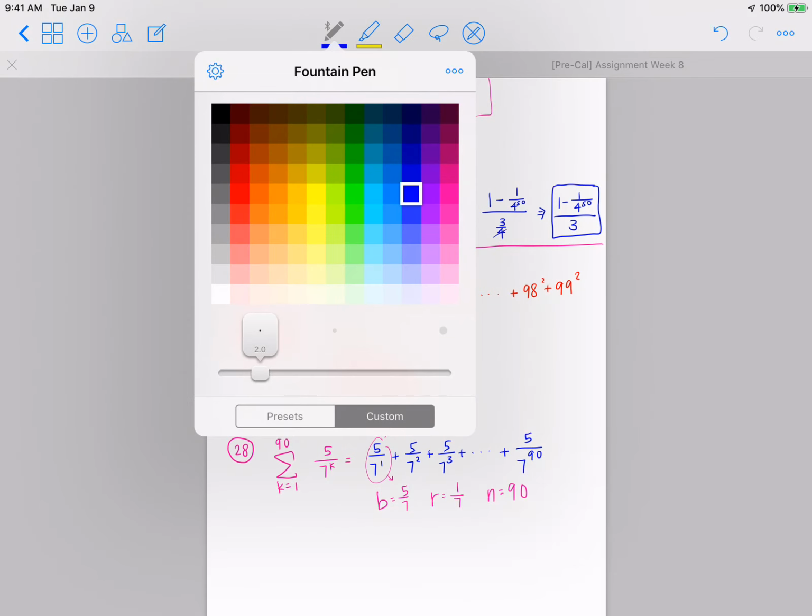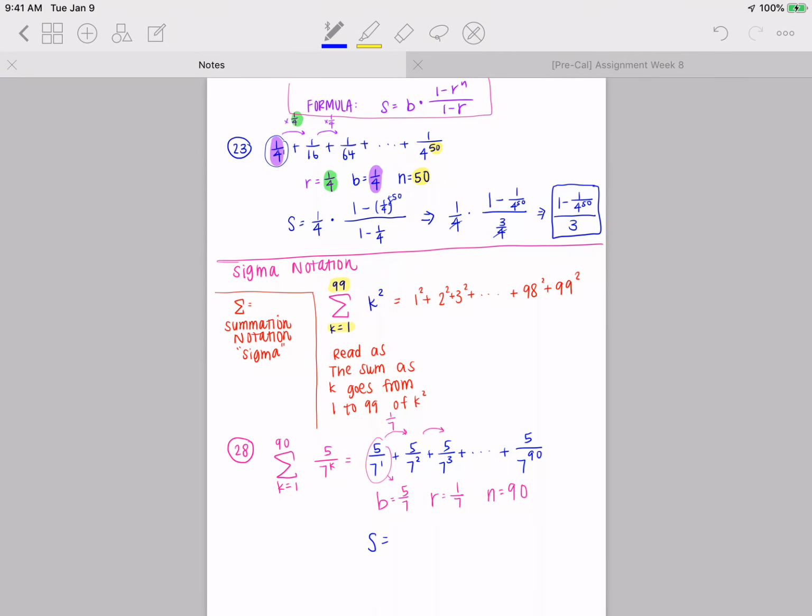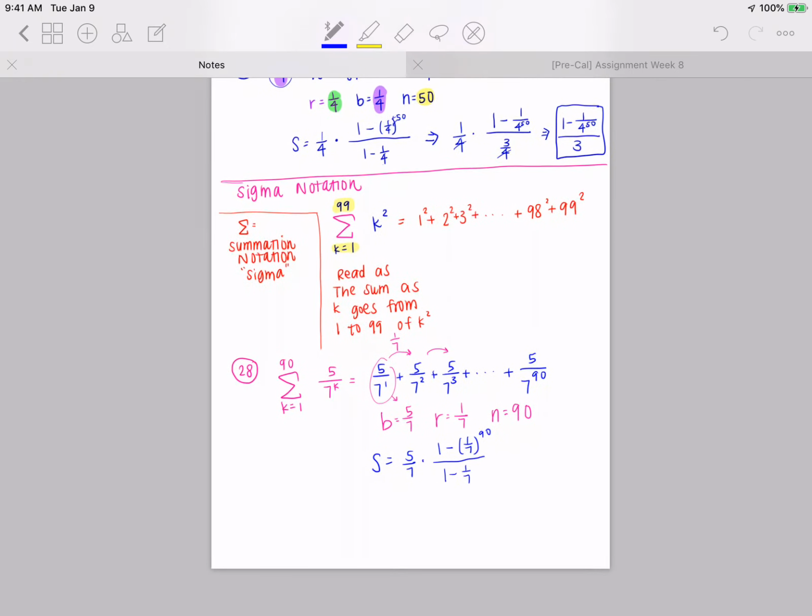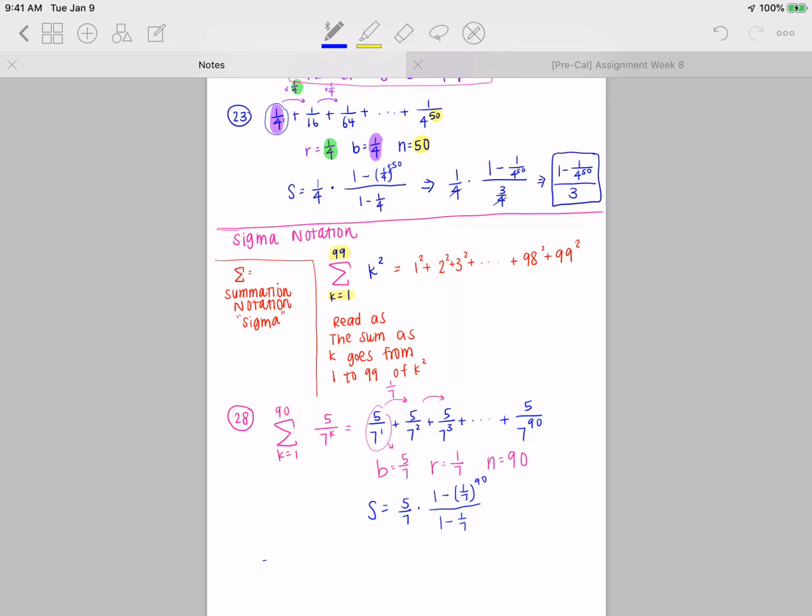Okay, so let's use this and figure out our final answer. S equals 5 over 7 times 1 minus 1 over 7 to the 90th power, all over 1 minus 1 over 7. Okay, I'm going to keep solving this. We have 5 over 7 times 1 minus 1 over 7 to the 90, and then we have 6 over 7 on the bottom. The 7 and the 7 get canceled out.